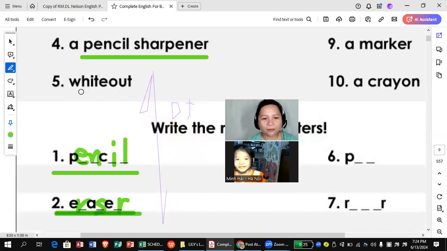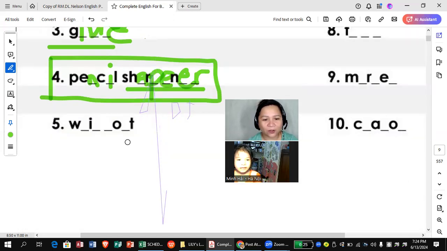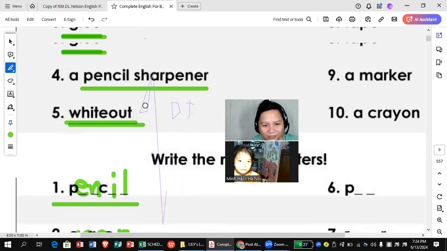For number 5, how to read this out? White out. Okay, how to spell white out? W, H. I don't know. Okay, take a look again.